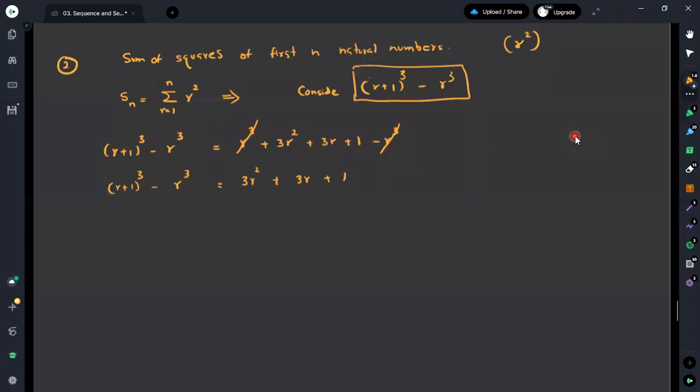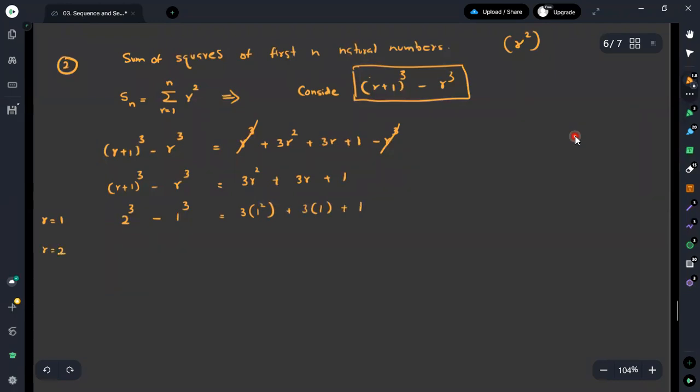Therefore now we will substitute r equals 1 here. If you substitute r equals 1, r plus 1 is 2 to the power 3. We are not going to solve this further, we are keeping it as a power to make the calculation easy. Then minus 1 to the power 3, equals 3 times 1 to the power 2, plus 3 times 1 plus 1.